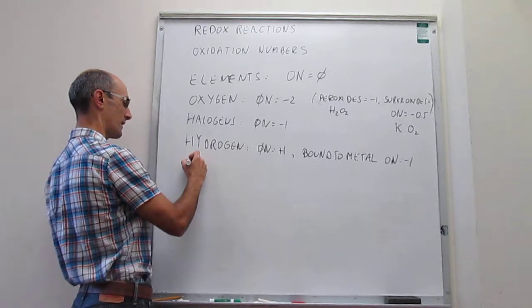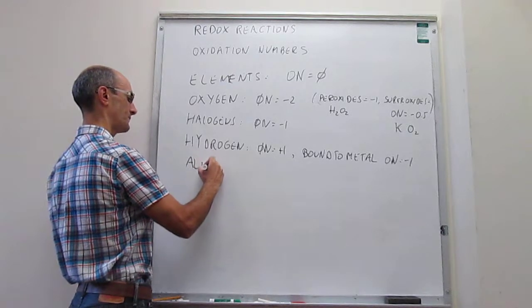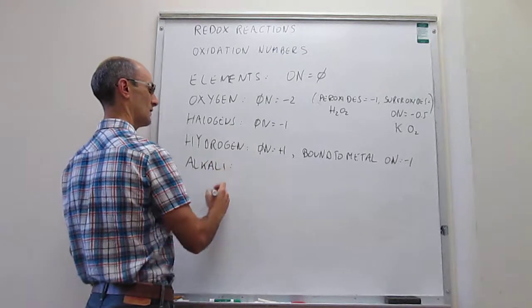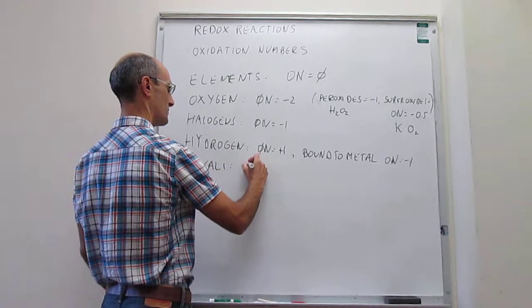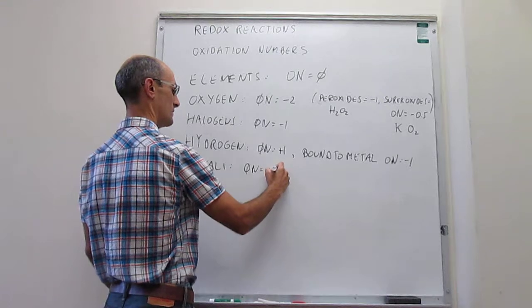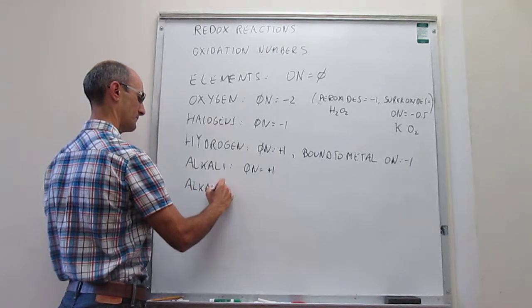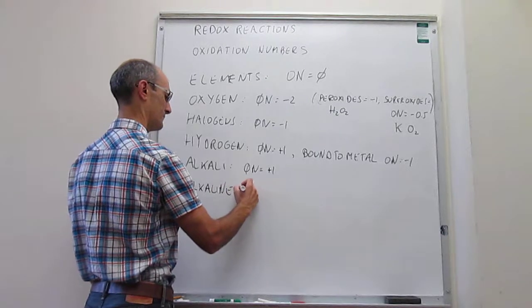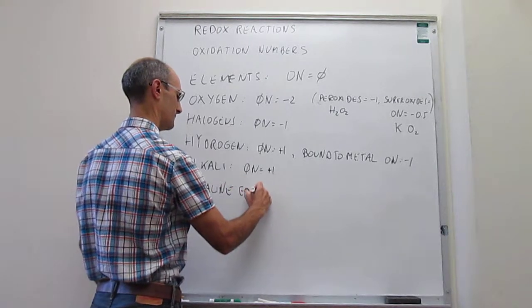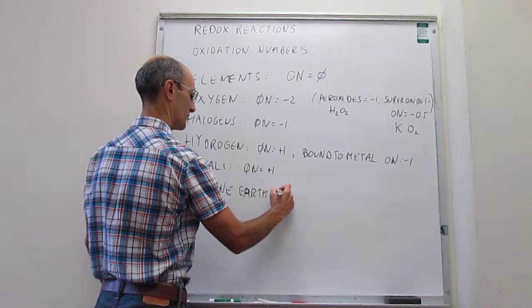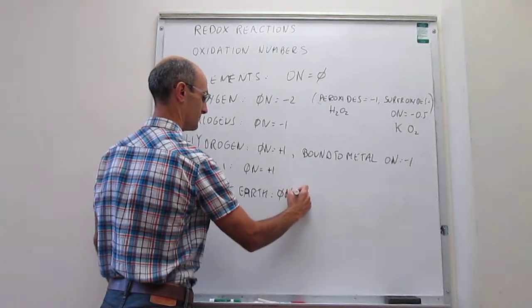Okay. A couple more rules. We're going to have here that alkali metals, okay, those have oxidation numbers of plus 1, and alkaline earth metals are going to have an oxidation number of plus 2.